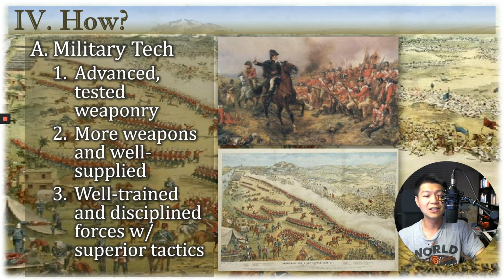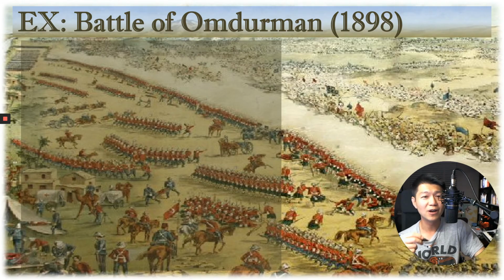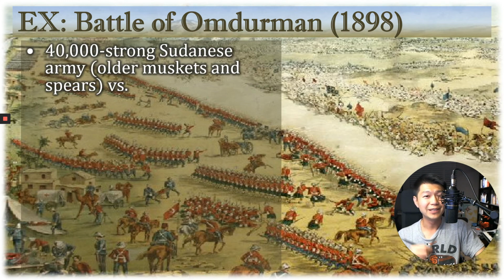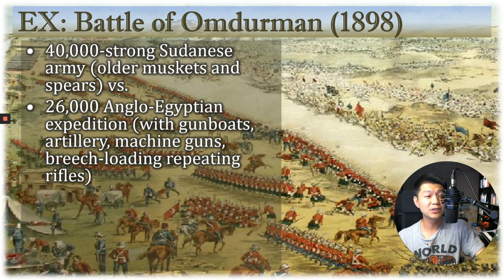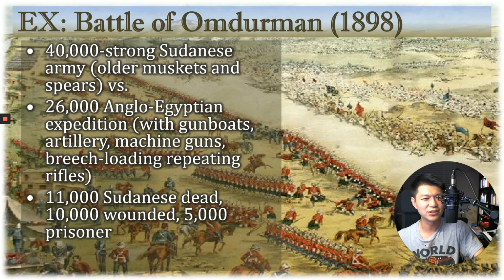So much so that one of the foremost examples of Western imperialism and the weight of the Industrial Revolution actually comes in the Battle of Omdurman. If you watch the film that we're going to see later on, you can see a good example of this as well. But Omdurman, right at the turn of the century, pitted about 40,000 Sudanese soldiers with older muskets and spears against an army about half their size, of British and Egyptian allies armed with the latest and greatest gunboats, artillery, machine guns, breech-loading, repeating rifles, and the such.